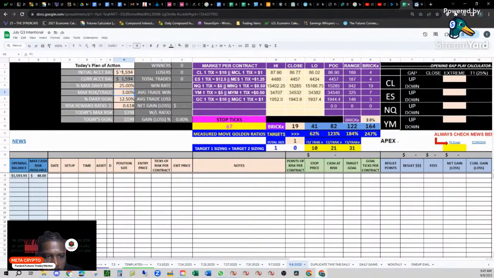Max risk per trade, 3%. Daily goal. Risk reward ratio. Today's max risk. So basically today I'm risking $398, and my goal today is 199. That's perfect for me, for my schedule, what I'm doing anyway. All right, so all of that's good. We're good with that. I'm going to take y'all over to the Nasdaq.